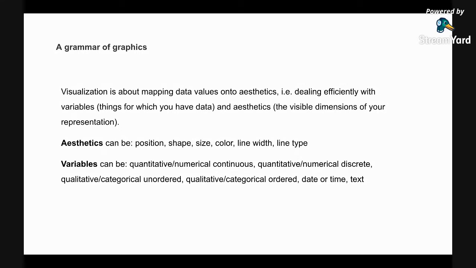We will not go into details about giving examples of all the types of variables, but you have distinctions between quantitative variables, qualitative variables, ordered and unordered ones, and whether your variables relate to date, to time, or to text. And visualization is all about finding an efficient mapping between the variables, so the things for which you have the data, and the aesthetics, so the visible dimensions of your representation.